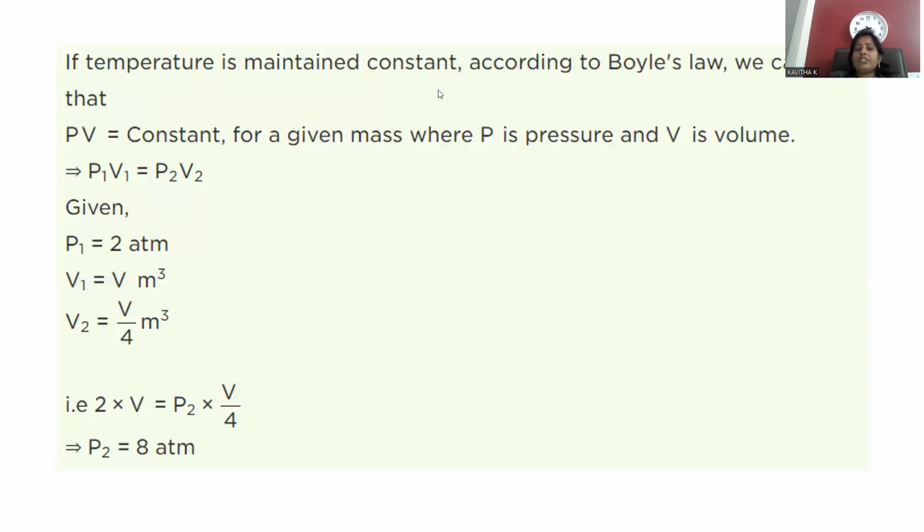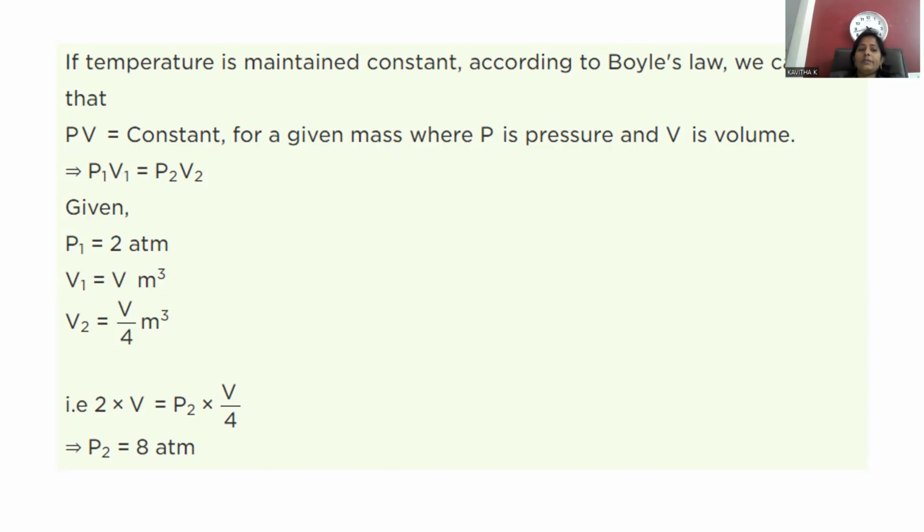If the temperature is maintained constant, according to Boyle's law, the product of pressure and volume is constant for the given mass. P is the pressure, V is the volume. Then if two different conditions are provided, P1 V1 is equal to P2 V2.